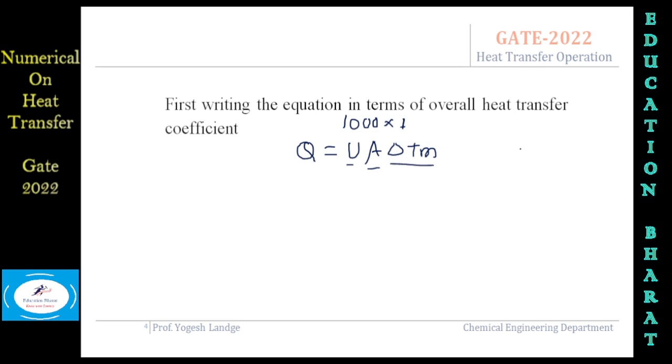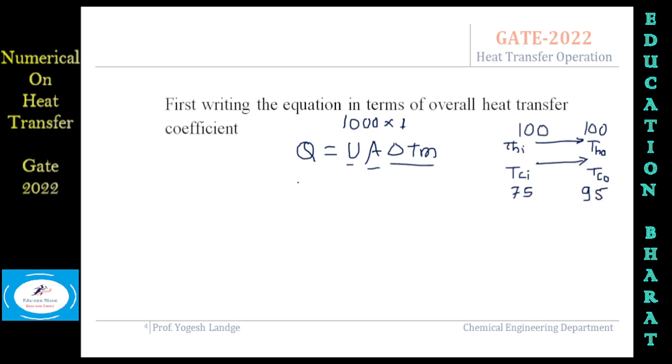We can calculate it with the help of a simple formula by considering, say, the co-current flow pattern. Say this is 100, the inlet temperature of the hot liquid, and this is 100, the outlet temperature of the hot liquid. Consider this is the inlet temperature of the cold liquid, which is 75, as well as the outlet temperature of the cold liquid, which is 95.